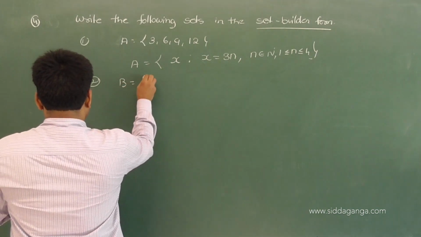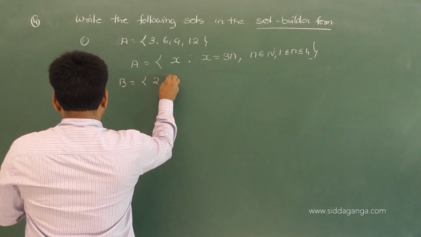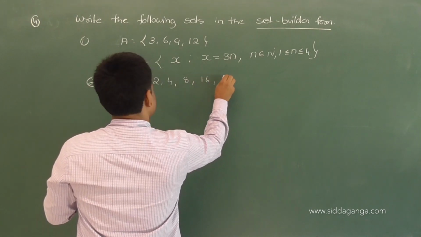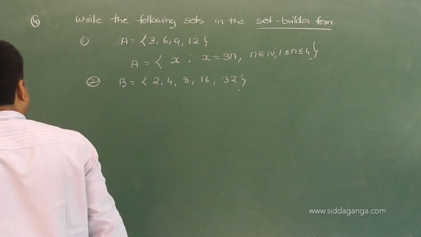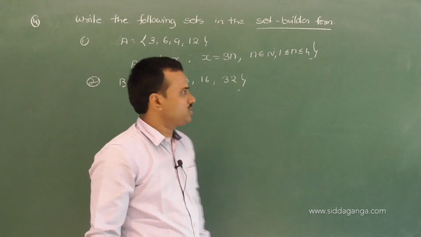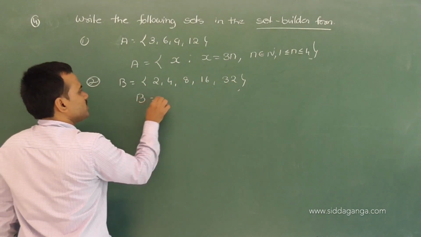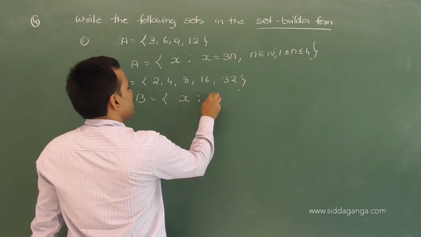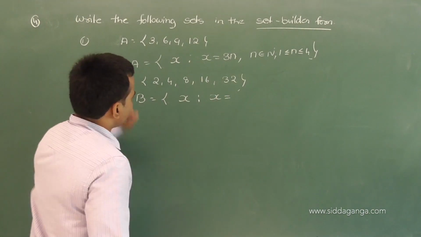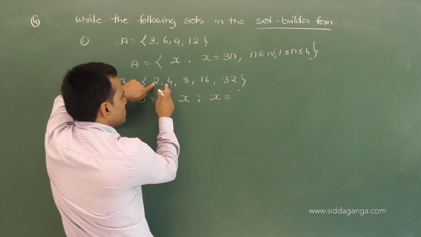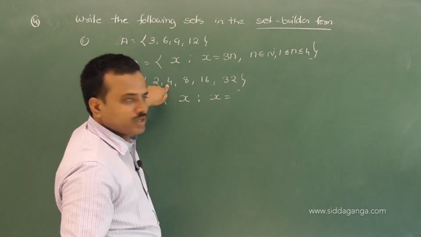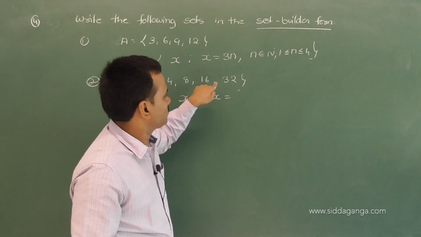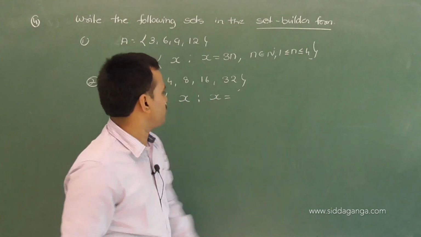B we write. B is equal to 2, 4, 8, 16, 32. So B is equal to x such that x is equal to, observe here, 2 to the power 1. 4 we can write as 2 square, 8 as 2 cube, 16 as 2 power 4, 32 as 2 to the power 5.